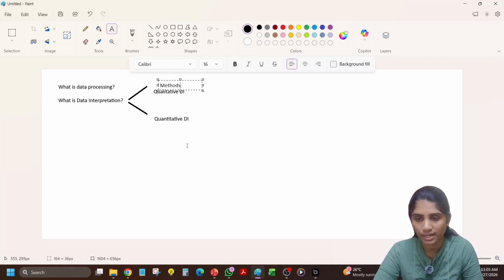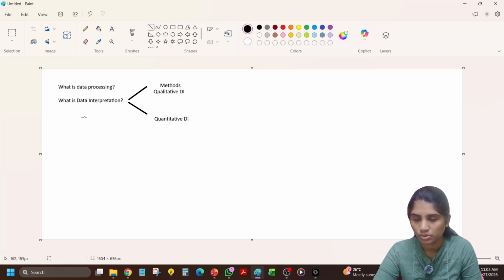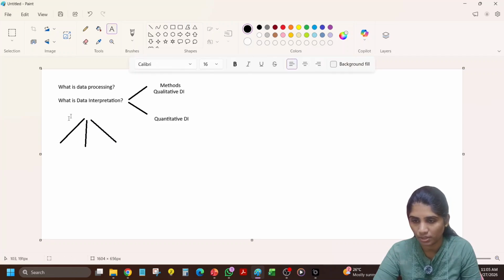And after that, in data interpretation, we have different types. We have three types, one, two, and three. We call this the types of data interpretation.